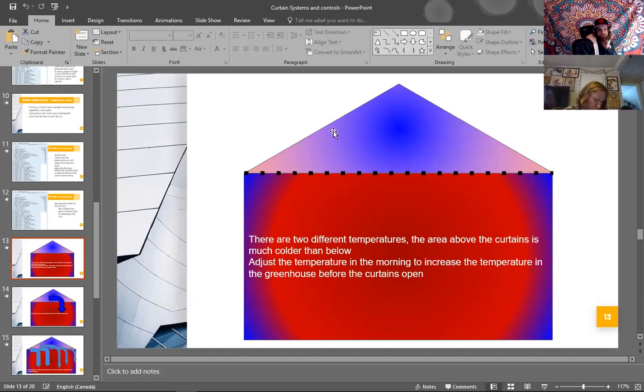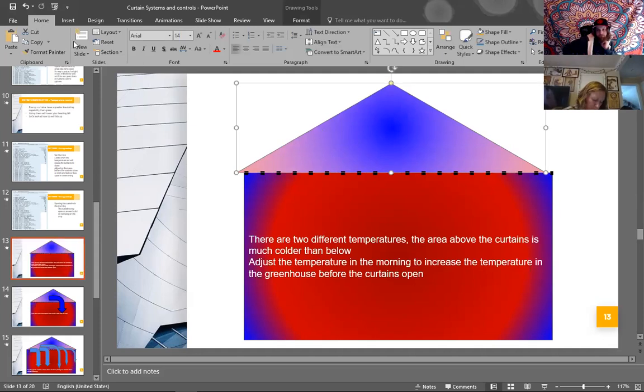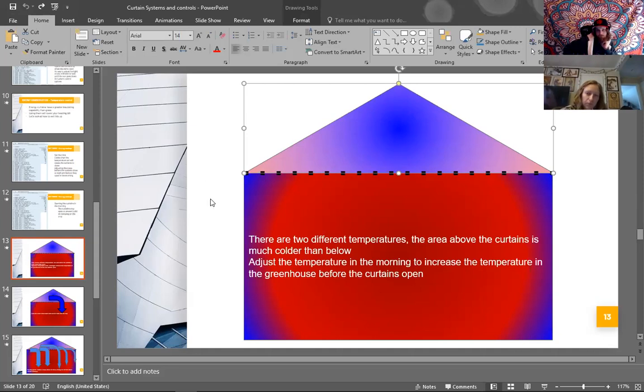That moisture is going to build up above the curtain, land on the glass above, and condense. That water is going to flow down and be caught in that little V channel, that drip line below the gutter, and basically go outside the greenhouse, right?